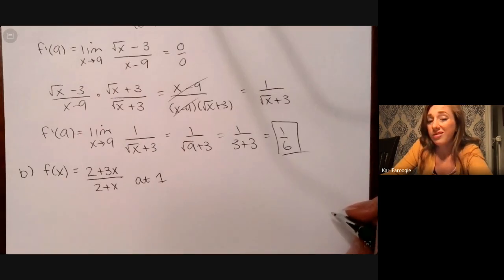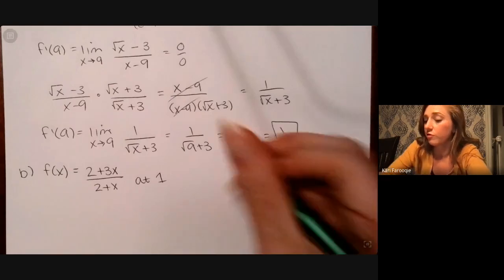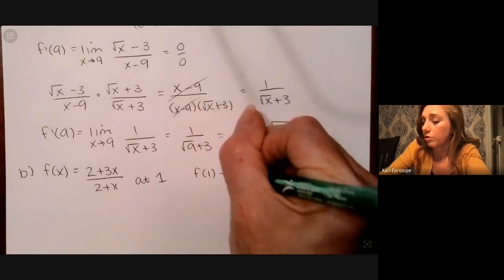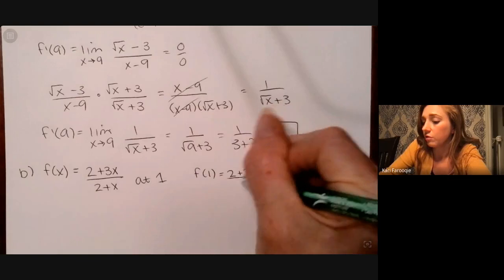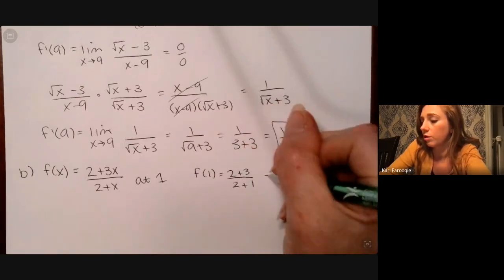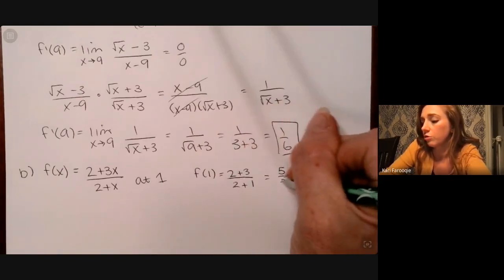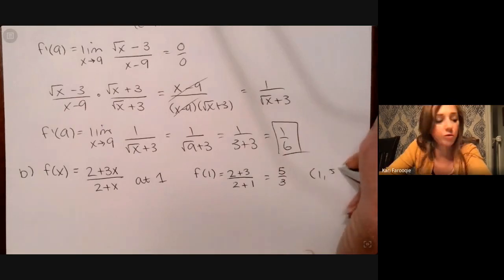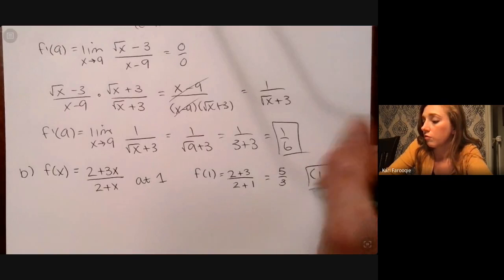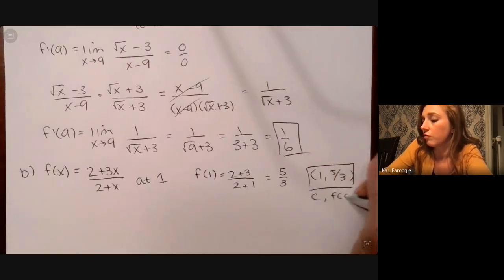Now, remember what I said. I think the best thing to do would be to start by making sure we know what f of c is. f of 1 is 2 plus 3 divided by 2 plus 1, which is 5/3. So we're looking for the derivative at 1, with point (1, 5/3). That's your c, f of c.